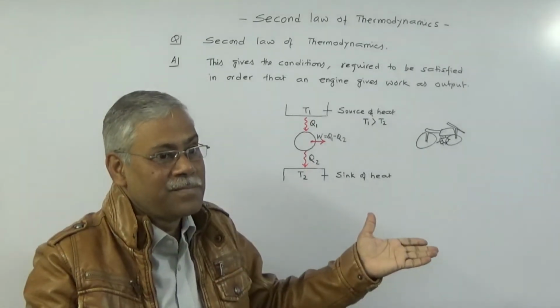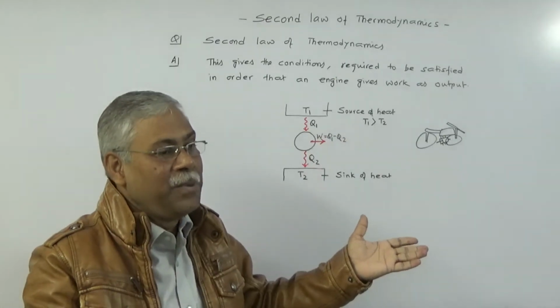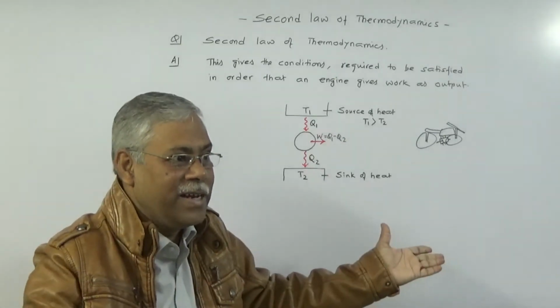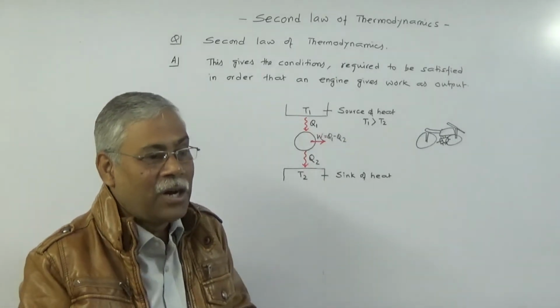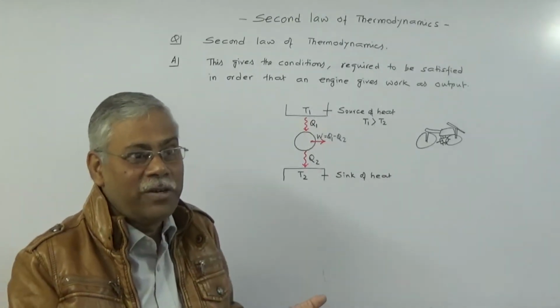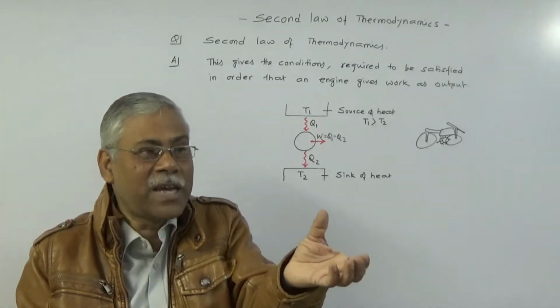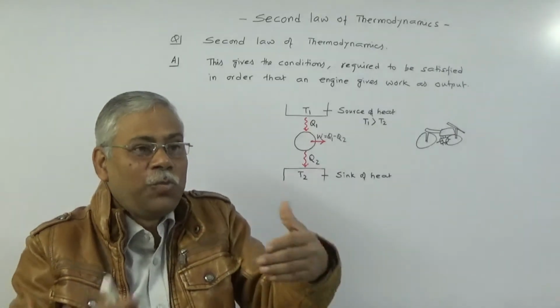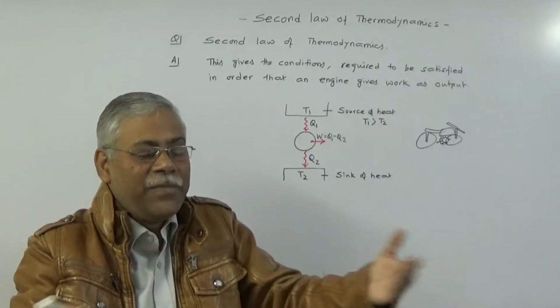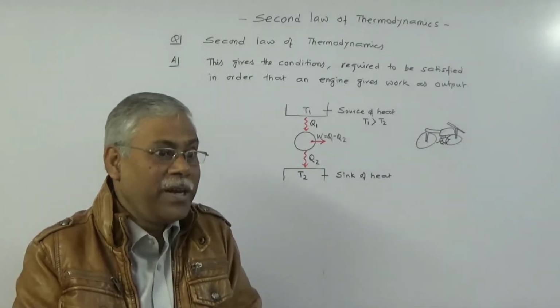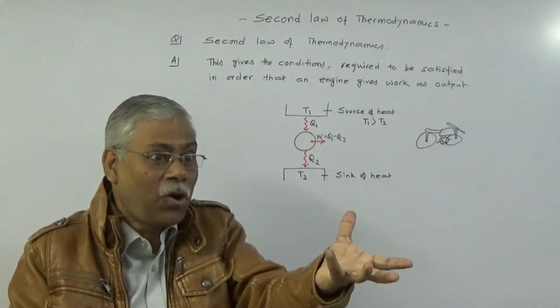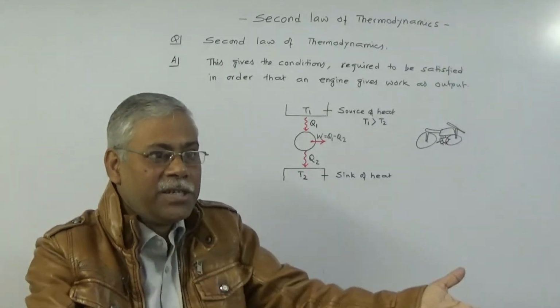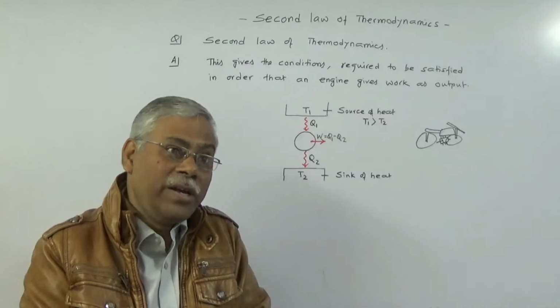Surrounding air. Because ultimately the rejected heat goes to the surrounding. How do you know that rejected heat goes to the surrounding? Just sense the temperature of the silencer, extremely hot. So from the silencer, heat is dissipating in atmospheric air. Engine has also become hot. From the engine, heat is rejected to the surrounding air.